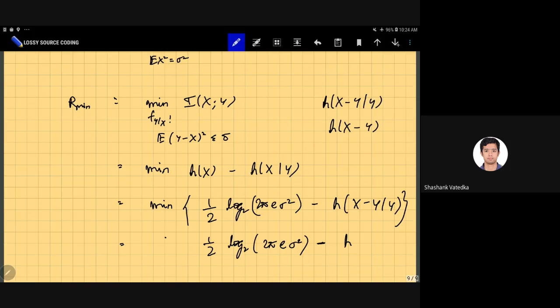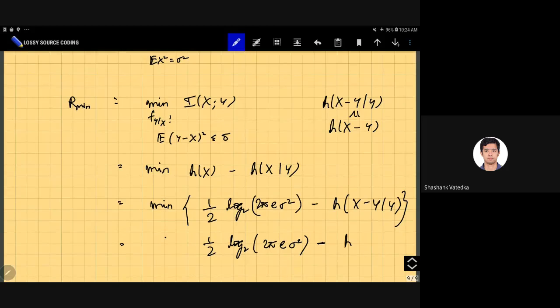Is one of them greater than the other or less than the other? What can you say? Right. So h of x minus y given y can only be less than or equal to h of x minus y. Right. So this quantity over here.